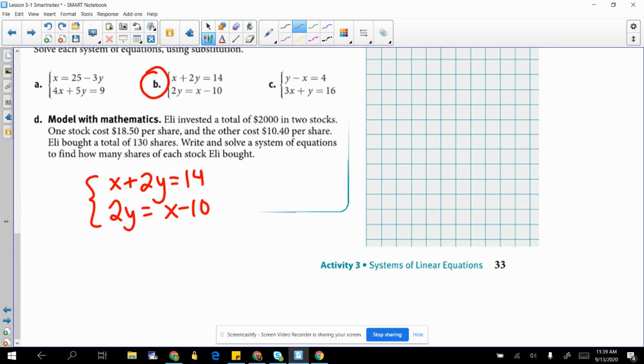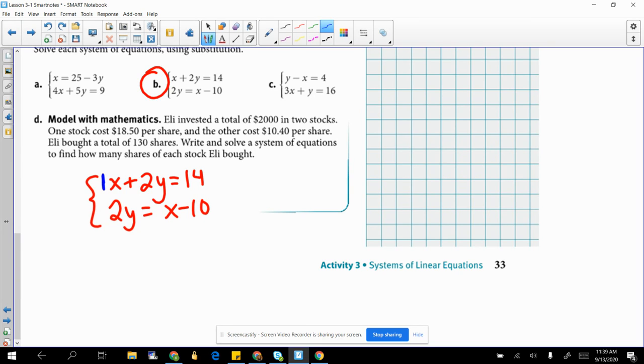Okay. Now, what you want to do first, as we mentioned before, is you want to get one variable by itself in one of the equations. Usually, I like to go the easiest route. So I try to pick a variable that already has a lead coefficient of 1 because that's easiest. Then we don't have to do any division.